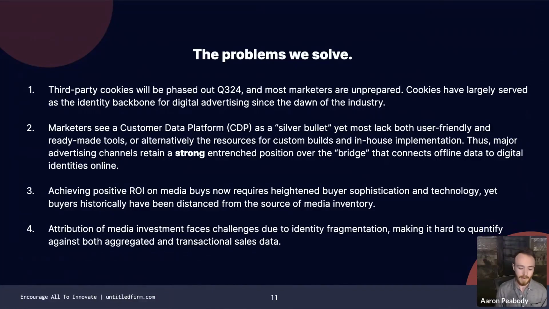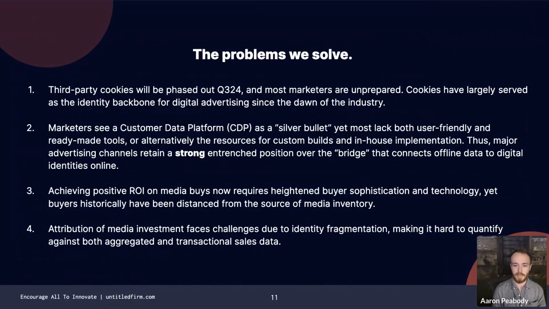And the problem with first-party data by default is that it has some limitations in terms of the amount of it that any given company will have, as well as the richness of the attributes that you need in order to have good audience fill rates and match rates within these advertising ecosystems.